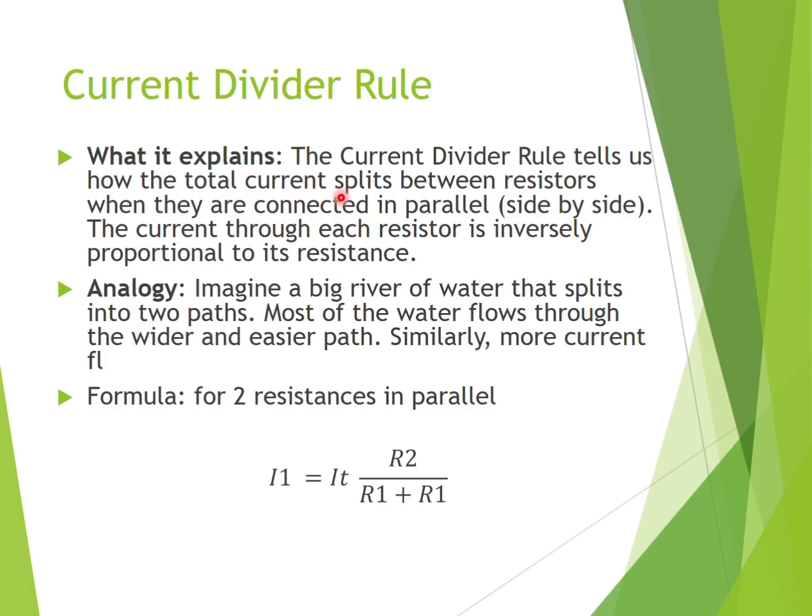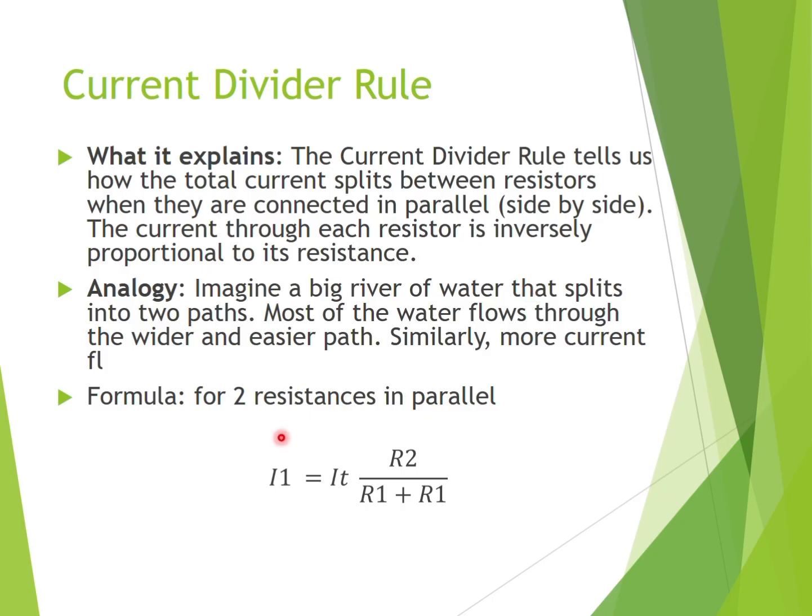So, to give an analogy or a simple example, let's have a big river, okay? Imagine a big river of water that splits into two parts. Most of the water flows through the wider part and the easier part. Similarly with current, the part that has less resistance is going to get more current than the part that has more resistance.